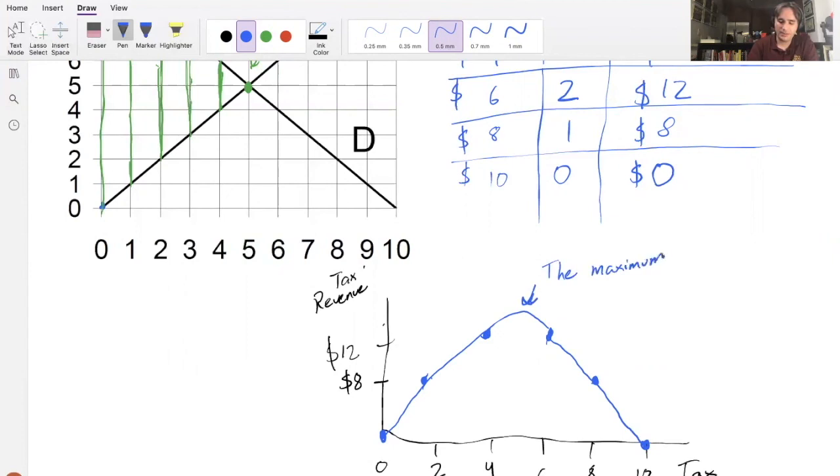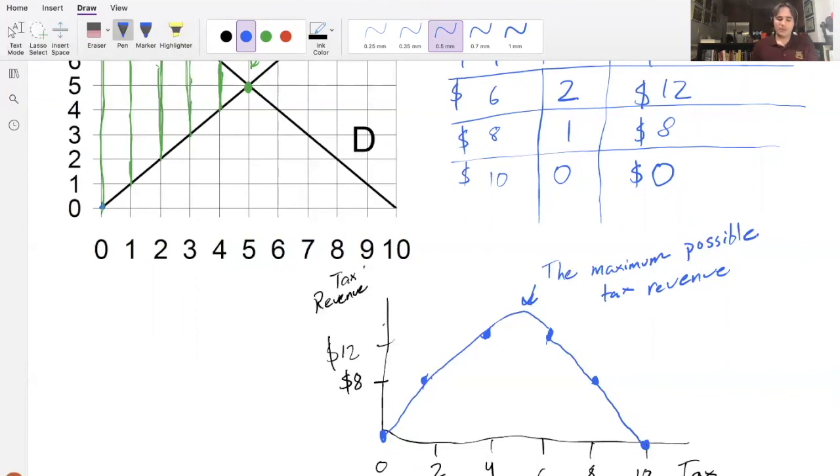You can't extract more tax revenue than this. Even as we increase taxes, the quantity transacted decreases sufficiently quickly that tax revenue ends up going down as we increase taxes.